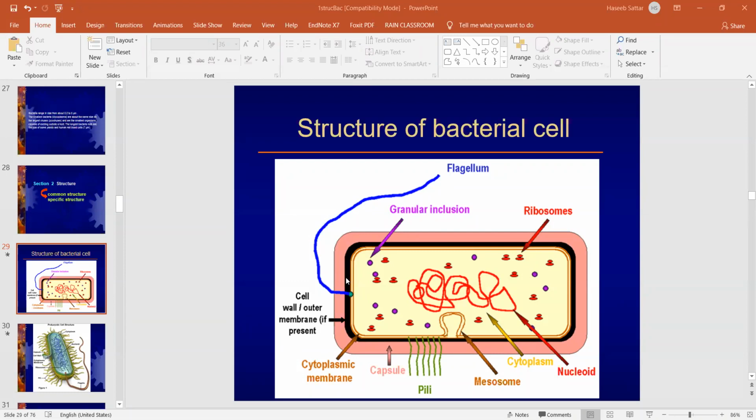The cell wall is the outermost layer of a prokaryotic cell, then we have a cell membrane inside the cell wall, and inside the cell membrane we have cytoplasm, and within the cytoplasm we have different cell organelles. This is a typical simple prokaryotic cell. Bacteria are also prokaryotic cells, so they have a similar structure.